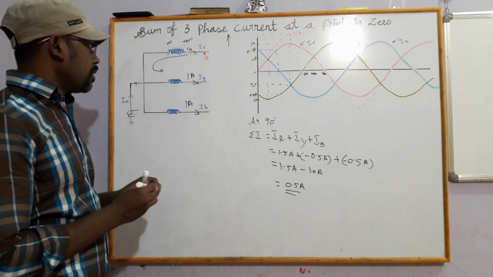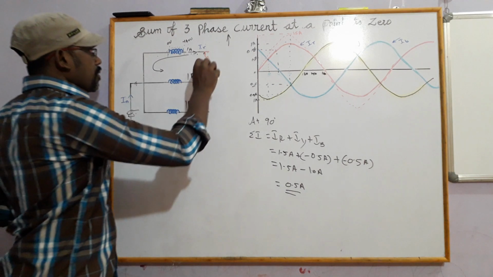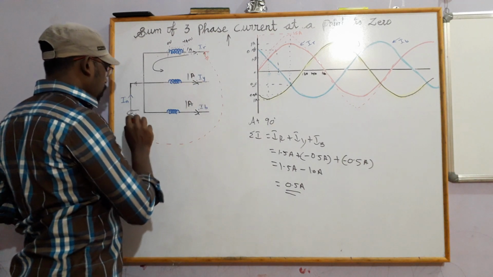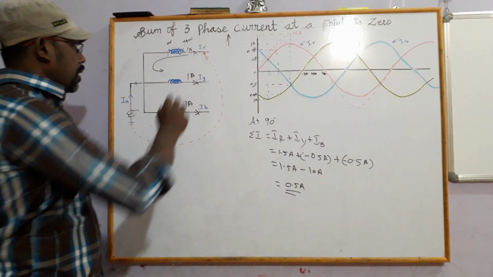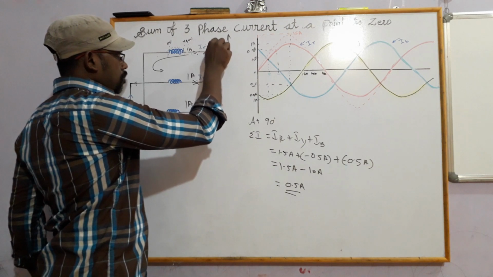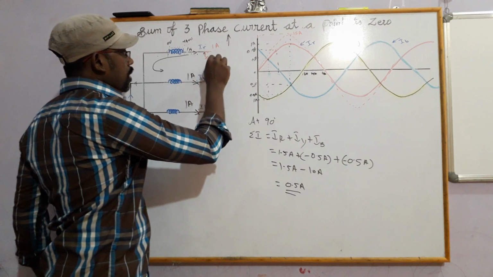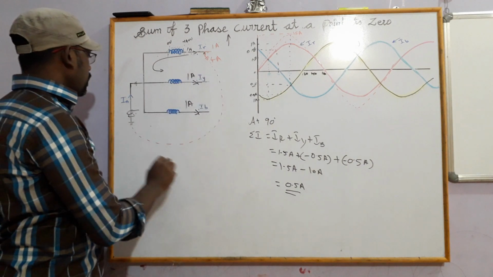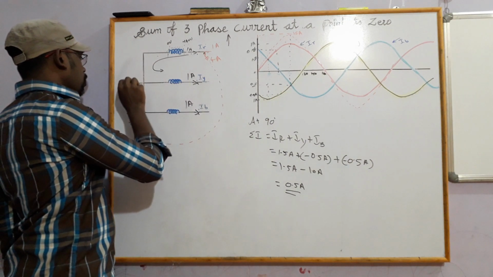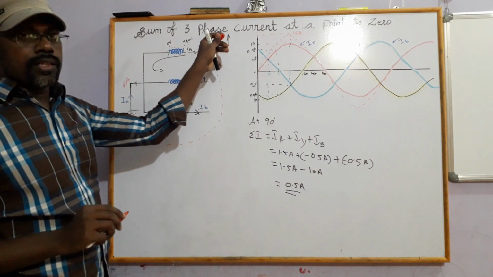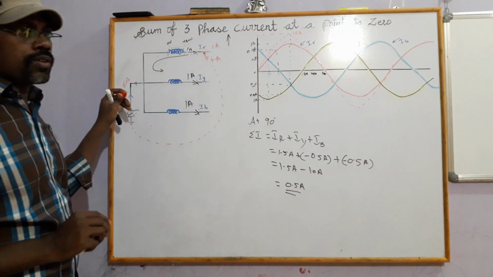In this condition, the fault current will have a closed path with the neutral, and it still supplies 1 amp to the load and 4 amps to the fault current. This 4 amps will be reflected over the neutral. The current which is going to earth will be reflected over the neutral.